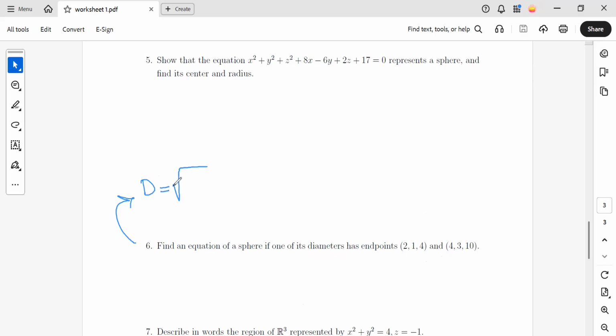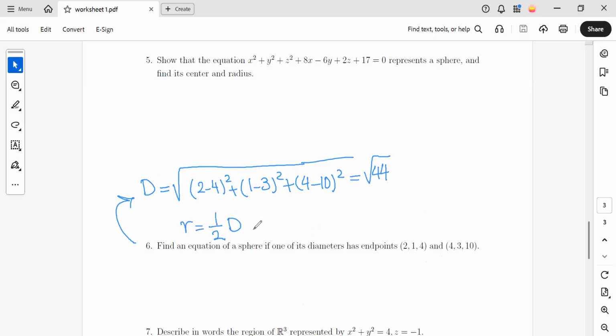According to the formula, we are going to write (2 minus 4) squared, (1 minus 3) squared, and (4 minus 10) squared. That would be square root of 44. And the radius would be half of it, which will be 1/2 square root of 44.